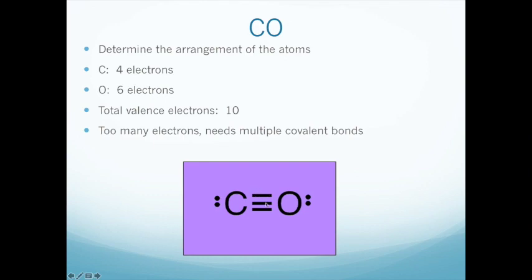If we form 3 bonds between carbon and oxygen, that is a total of 6 electrons, and then if we add 2 electrons, or 1 lone pair, to each atom, that's 8 electrons on each atom and a stable electron configuration. If we had only a single bond, then there would be 2 lone pairs on each of the carbon and oxygen, which would be a total of 16 electrons. I'm sorry, 14 electrons.